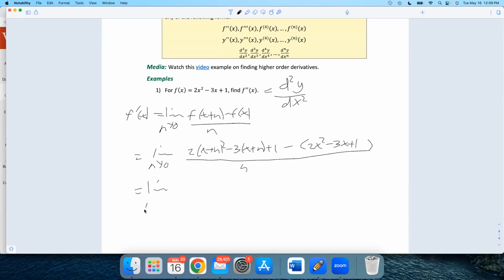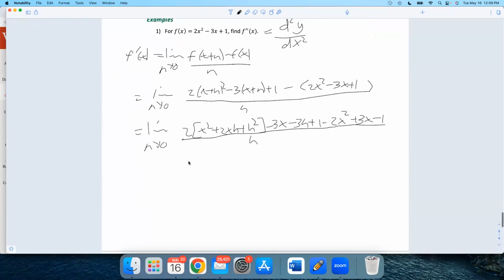So that'll be limit as h approaches 0. Going to expand that binomial there, and you should know by now that's x squared plus 2xh plus h squared. I'm going to do all my distributing here. Don't forget that plus 1 there. And distribute this minus, all over h. Don't forget your over h.